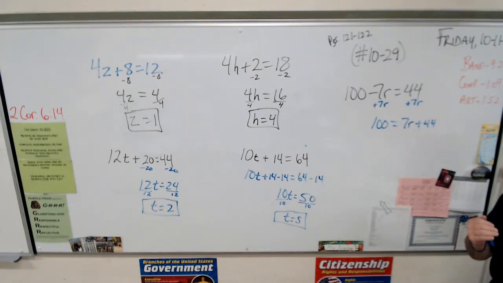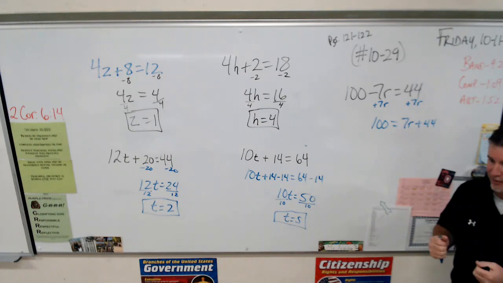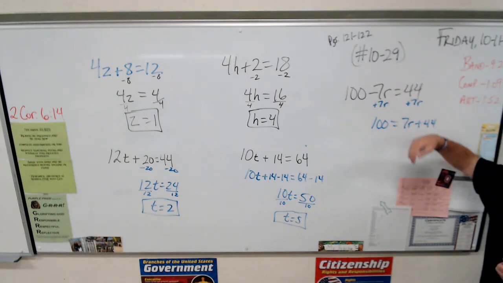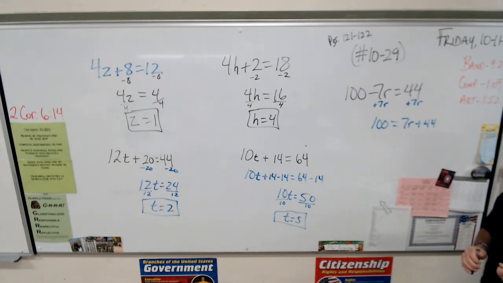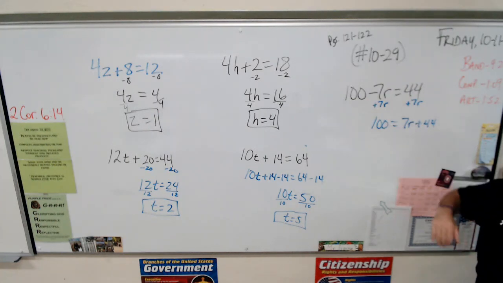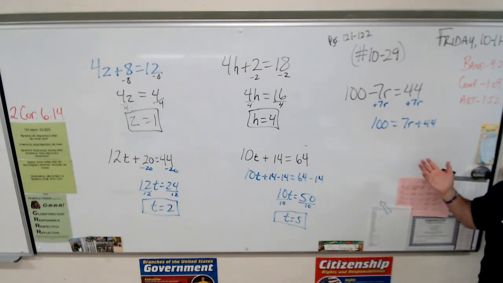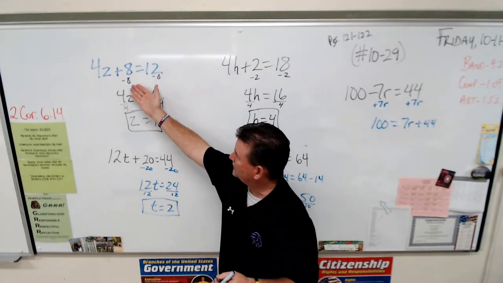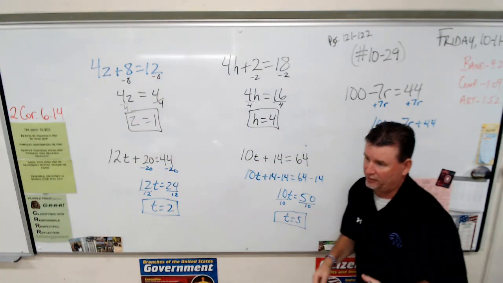What's negative 7 plus 7? It gets rid of it over here. There's nothing over there now. Negative 7r plus 7r gets rid of the r on this side, just like 8 and minus 8 gets rid of the 8 on that side.